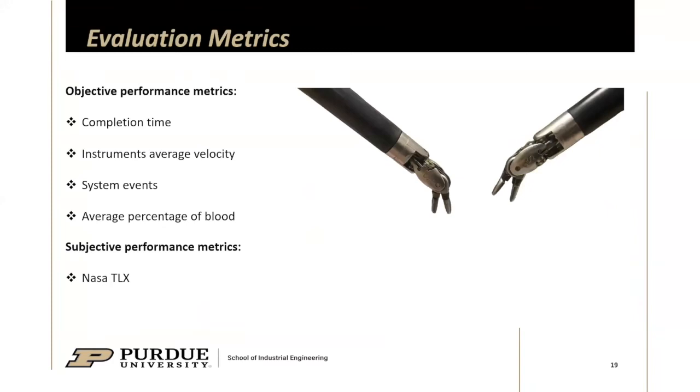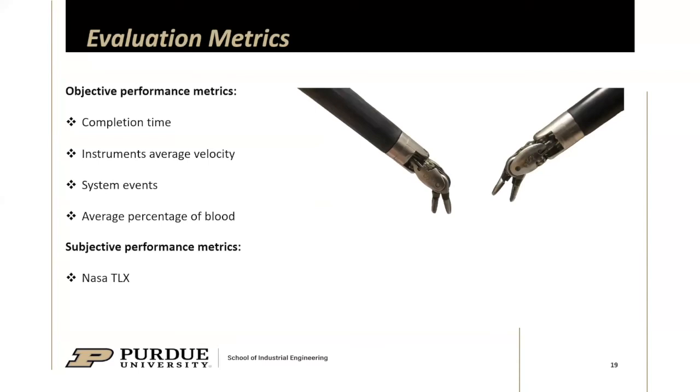To evaluate our system, we had a combination of objective and subjective performance metrics. The main performance was measured by the completion time. We also used some kinematic metrics, such as the average velocity of the main instrument arms.